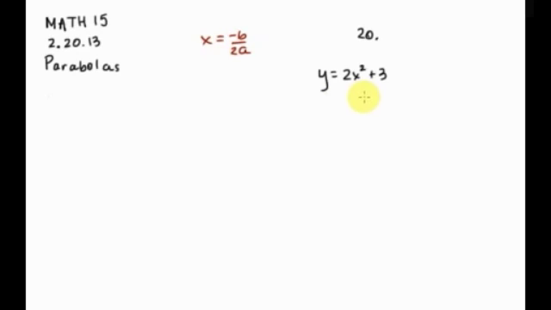And in this equation we see that b is 0, right? Because there's no x term, there's only a c and an a term. So you can immediately tell that if the top is going to be any form of 0, then it doesn't matter what's on the bottom here. If this is 0, the entire thing is 0. So this is just going to be an x equals 0 axis of symmetry.